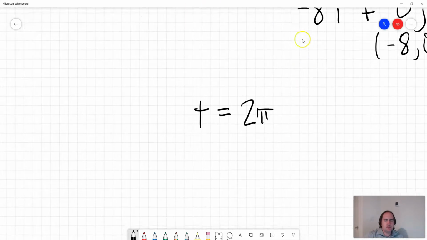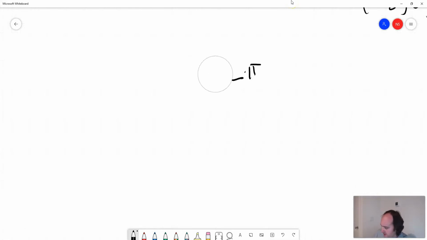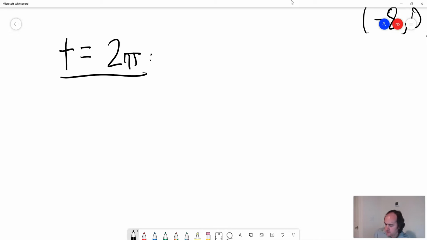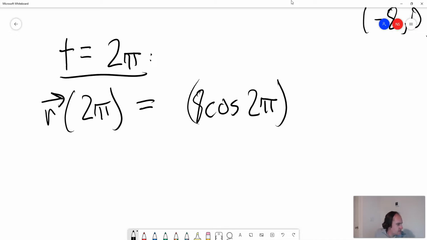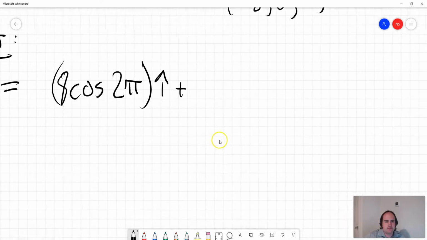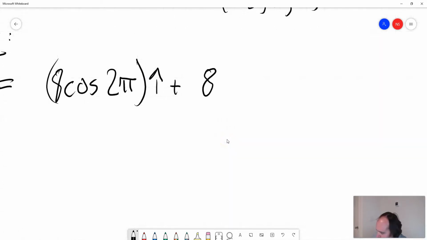Okay, so for t equals 2 pi, what do we get? Well, if we plug in 2 pi into our vector equation, we get r of 2 pi equals 8 times cosine of 2 pi i, plus 8 times sine of 2 pi j.